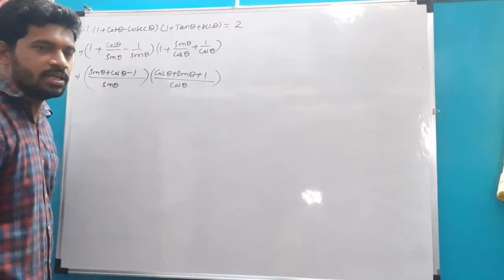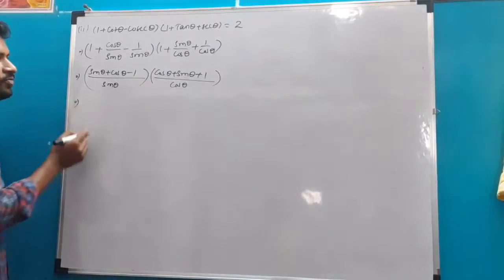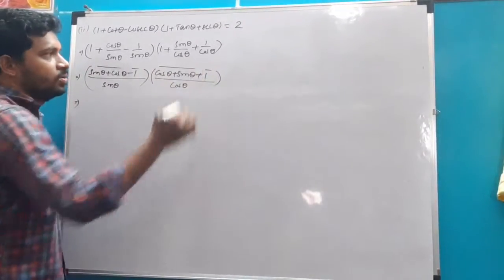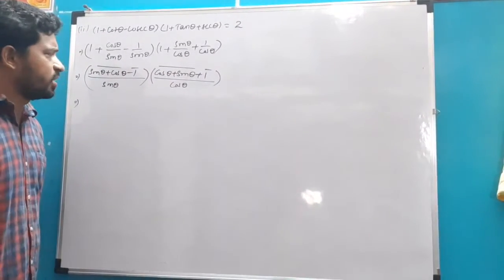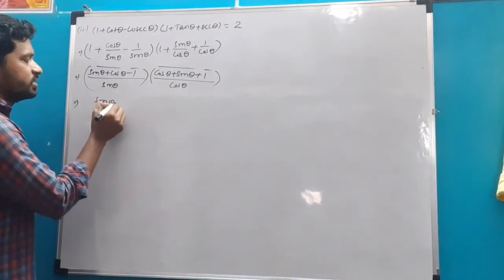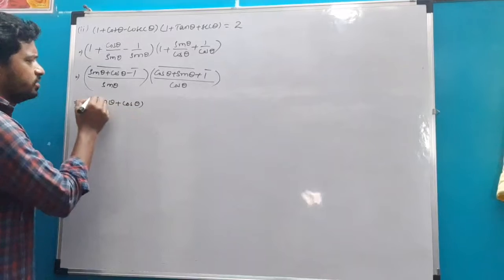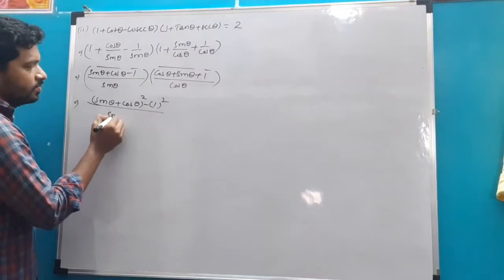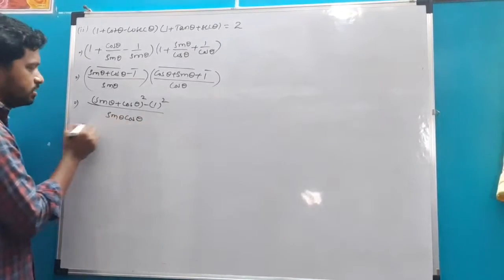Cos theta plus sin theta plus 1 by cos theta. If we observe the numerator here, this is in the form of a plus b into a minus b. So what is the formula? A square minus b square means the value will become sin theta plus cos theta whole square minus 1 square by sin theta into cos theta.